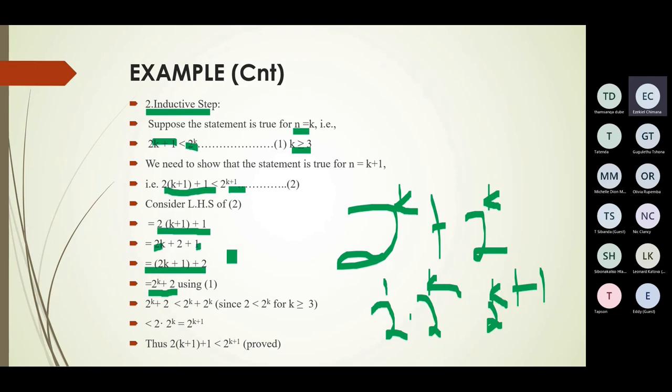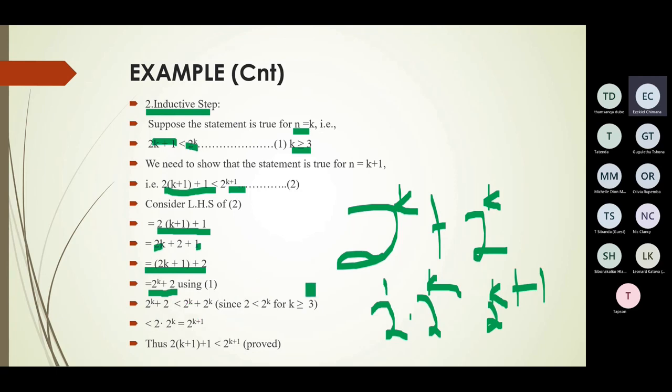So you see that this is another way of writing 2 to the power k plus 1. So here I'm sure that this 2k can also cancel this 2k, or we can subtract both sides. So we end up having something like 2 is less than 2 to the power k.